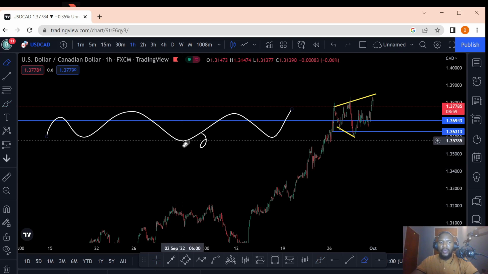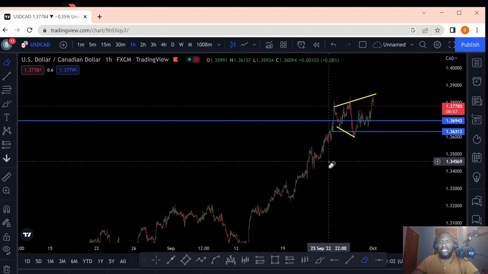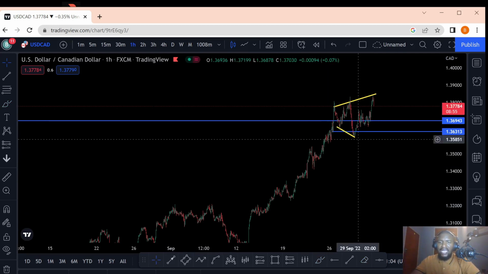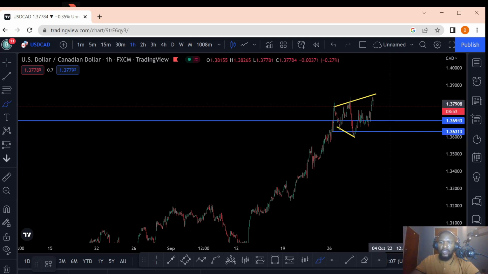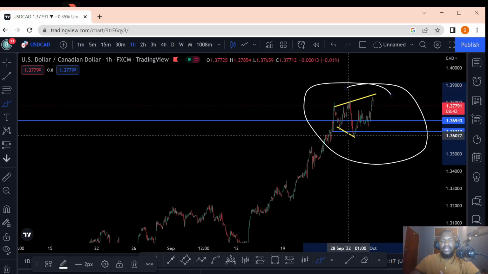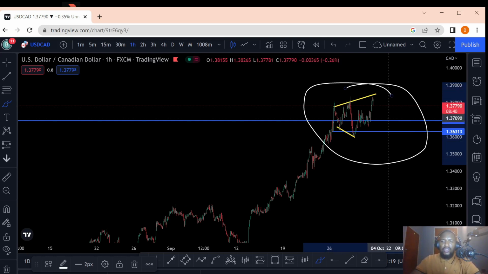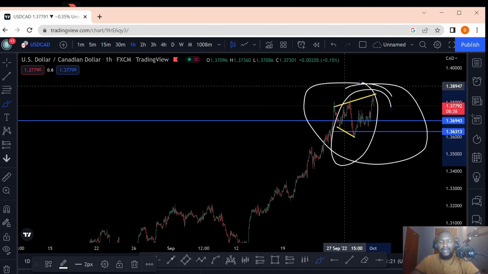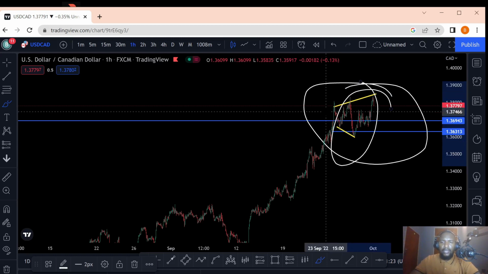So we need to open our eyes, because this higher time frame structure is the right armpit of the left shoulder of the head and shoulders pattern. You understand? It's the left and a right shoulder. So this is the right armpit of the head and shoulders pattern.